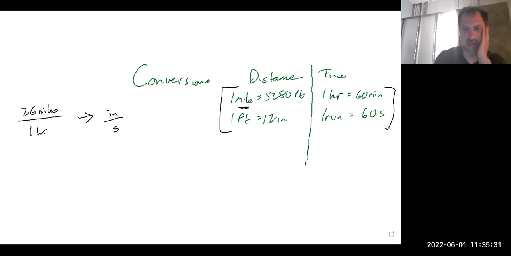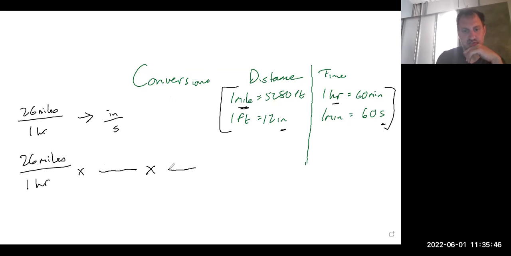I'm going to need both of these conversions because I'm starting in miles, but I need to get to inches, and I'm starting in hours, but I need to get to seconds. So what I would do is start with the fraction that I have to convert, and multiply by a series of fractions to make this conversion happen.